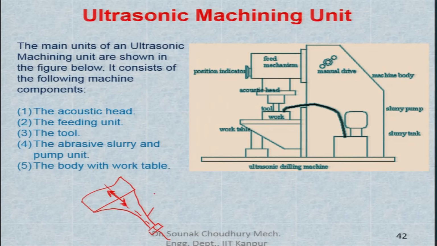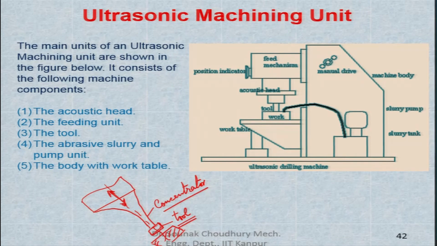Therefore, it is called the concentrator. This is not shown here, this is simply said to be the tool, but this is the concentrator and this is the tool. So, the tool is mounted at the end of the concentrator.